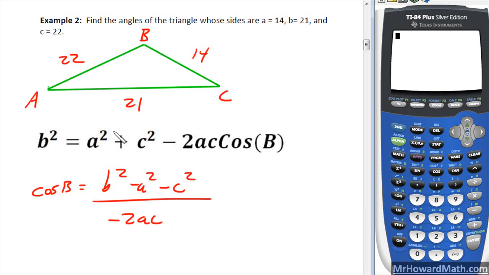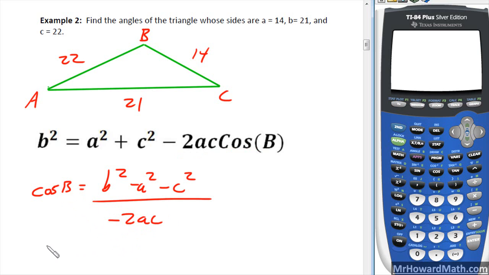So all I did is I took the A squared over by subtracting it. I took the C squared over by subtracting it. That's where this numerator is coming from. And then because I'm multiplying cosine B by negative 2AC right here, I just divided by negative 2AC. And you end with this form here.